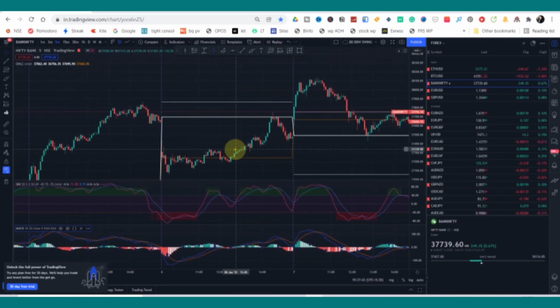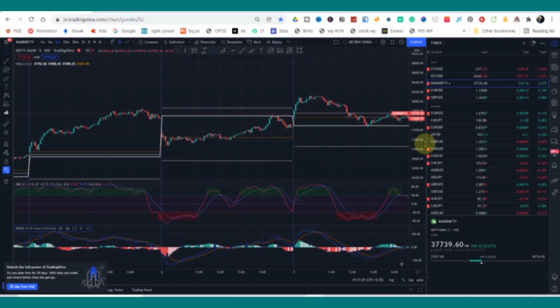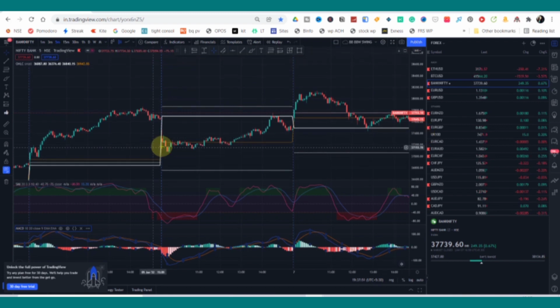So now we'll see the second example. Here you can see the first crossover is right at the open level, but it has not crossed the open. Both stochastic momentum index and MACD have given the signal, but it has to cross the open level.